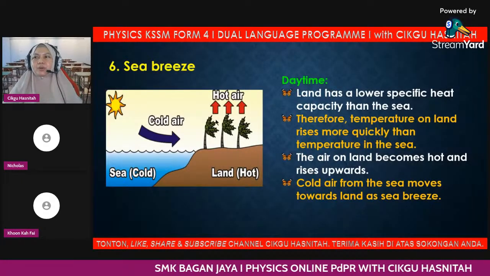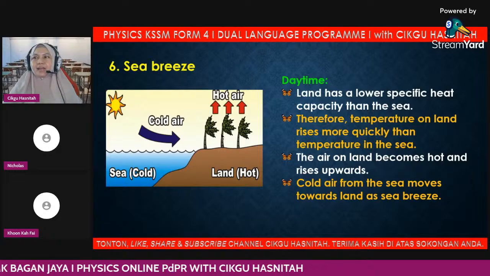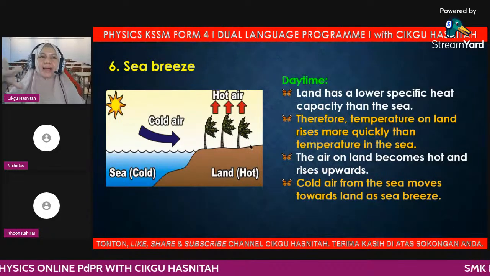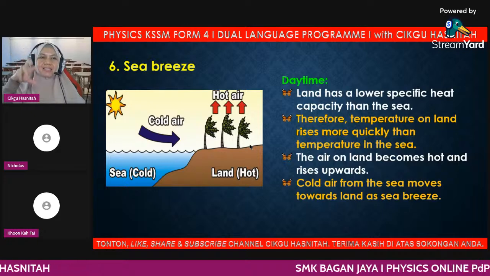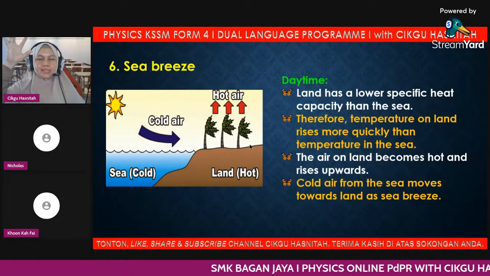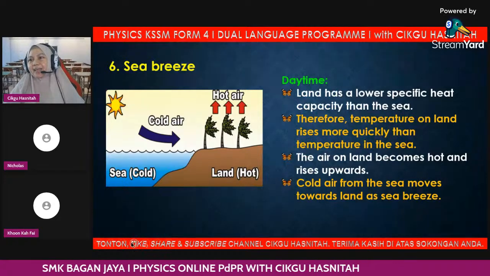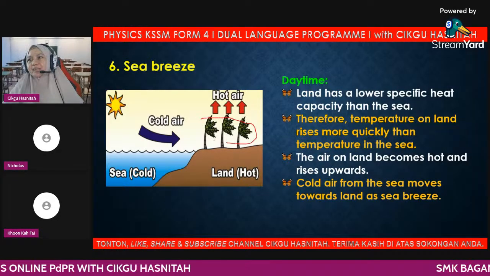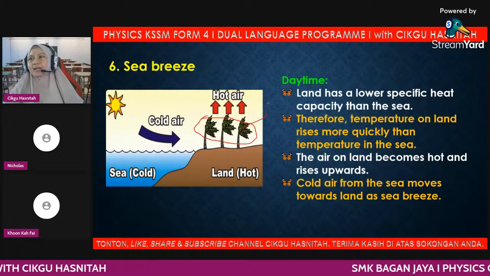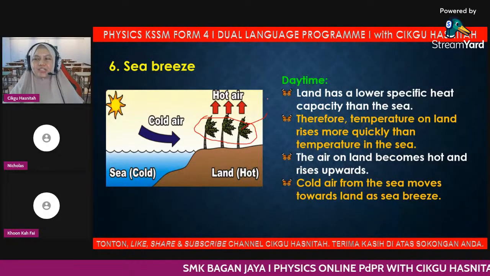The hot air above the land will rise upward, sebab hot air is less dense. When the hot air rises upwards, it will leave a partial vacuum region. Dia akan tinggalkan a partial vacuum or a low pressure region.